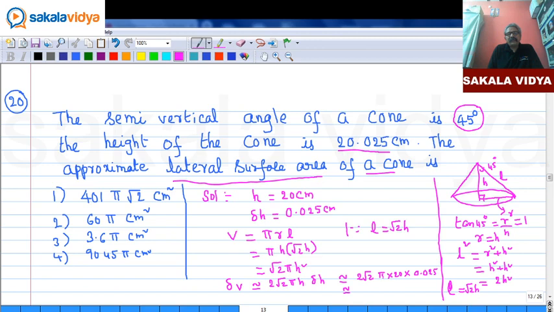That means root 2 pi into 2 into 2, 4, 4 into 25, 100, already one more 0 is there. How many points do we have? 3 points, 1 2 3, 0.1.